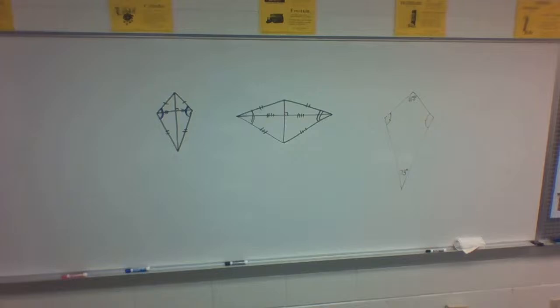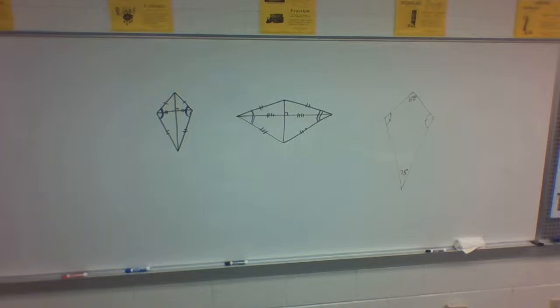Example 6 says, what is the most specific? In other words, what's the very, very bottom box you could put this diagram in? Now, it looks for all the world like a square, but there is no evidence that it is a square. It looks like a rhombus, but there's no evidence that it is a rhombus.